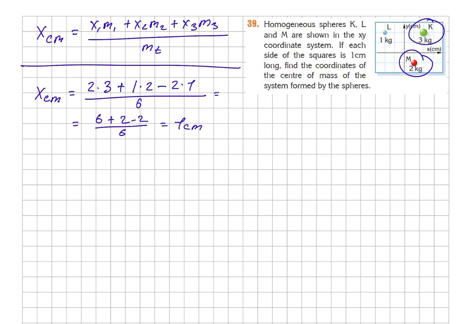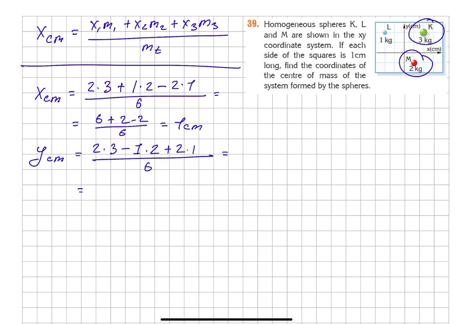And let's solve it for YCM. K is 2 times 3, minus M, which is on the negative side, 1 times 2, and plus L is 2 times 1, over the total mass.